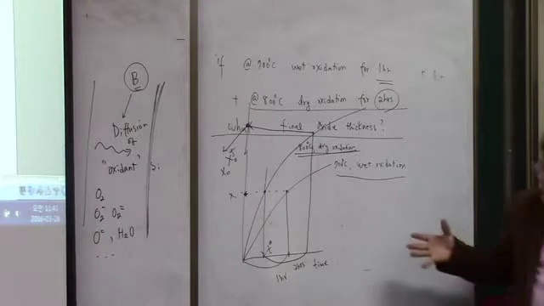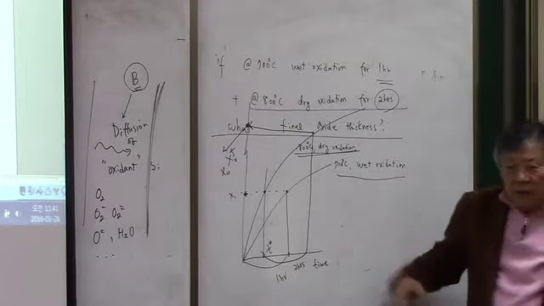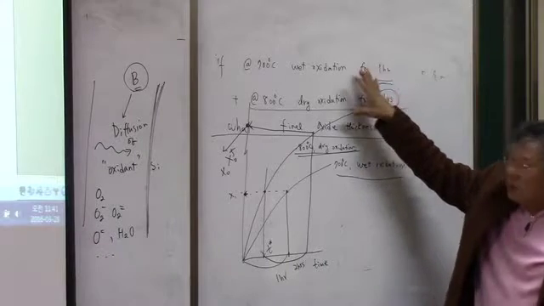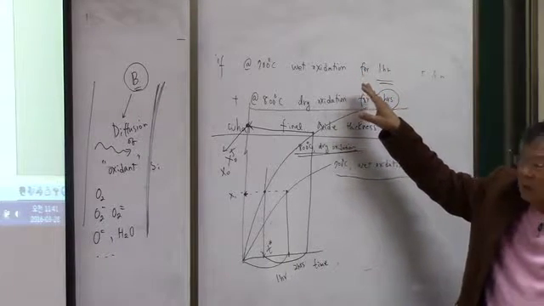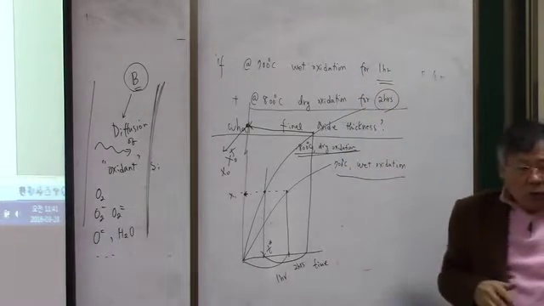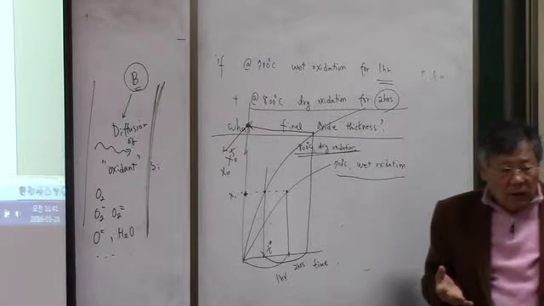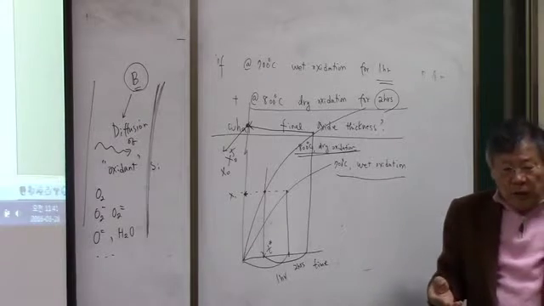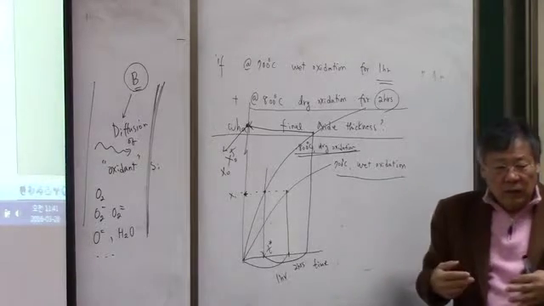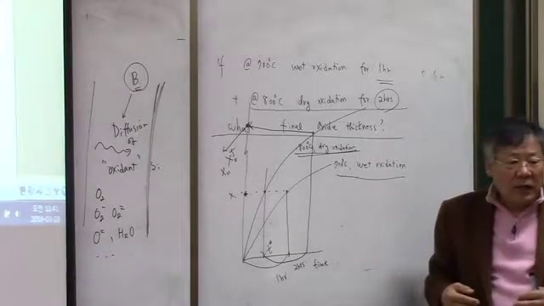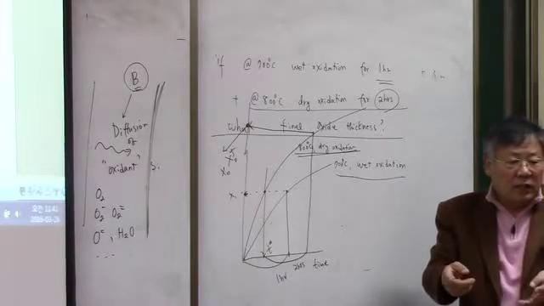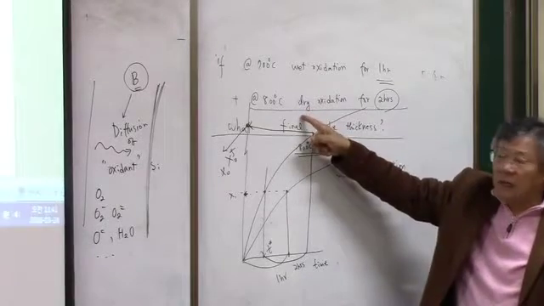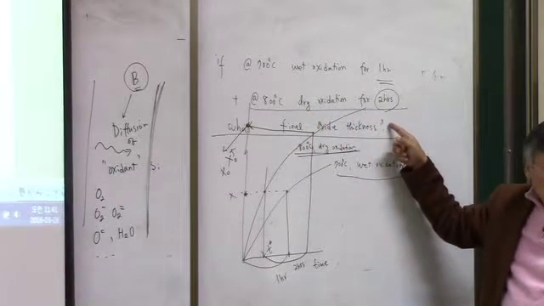So whenever you do this, you have to do this. Let me arrange this thing again. If you have multiple steps for the oxidation, then the previous oxide thickness should be converted to the time necessary to get that thickness under the final environment.